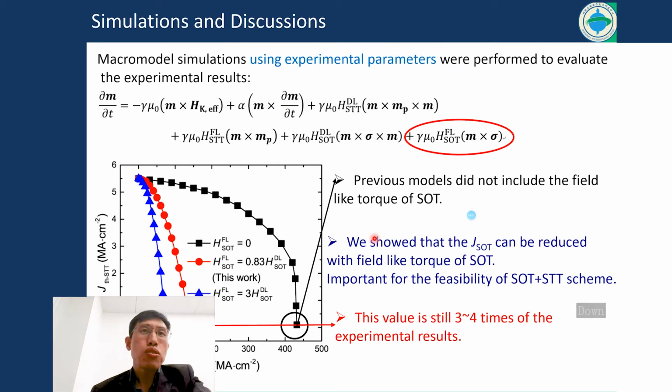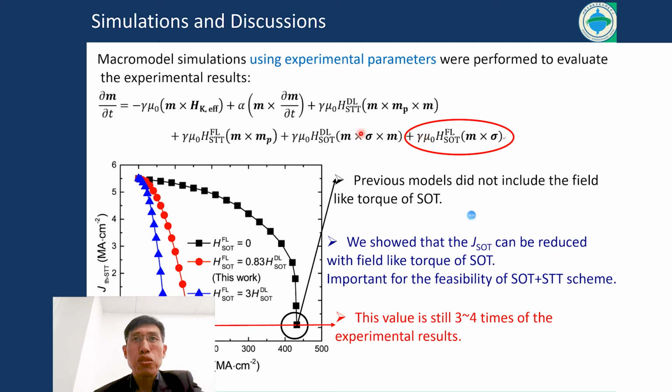In order to investigate the physics behind all this interaction between the two interfaces, we did this theoretical study. This is the conventional calculation to get the switching of magnetization.